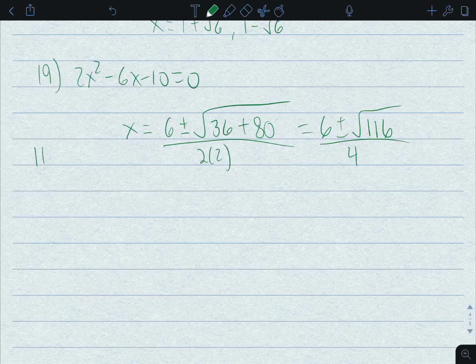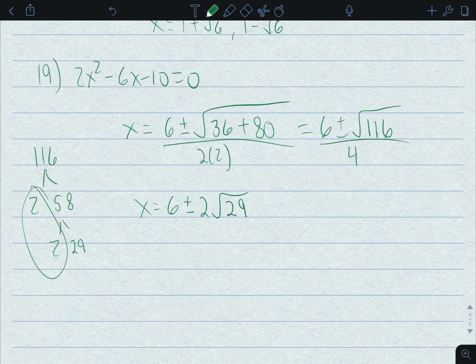Let's factor 116. 2 and 58. 2 and 26. 2 and 29. And then 29, I don't think has any factors. So we have a pair of 2's. X equals 6 plus or minus 2 square root 29, divided by 4. The top numbers at least have a 2 in common.